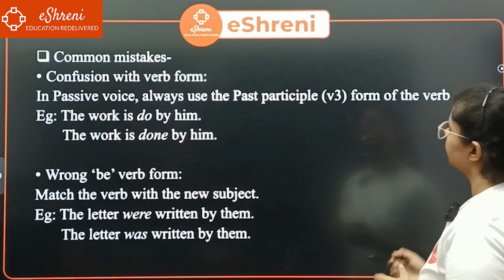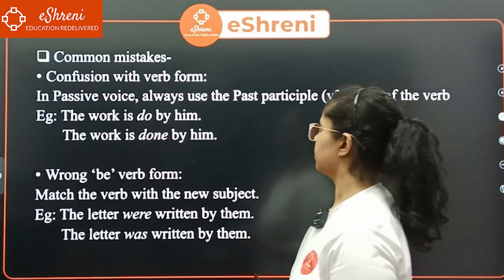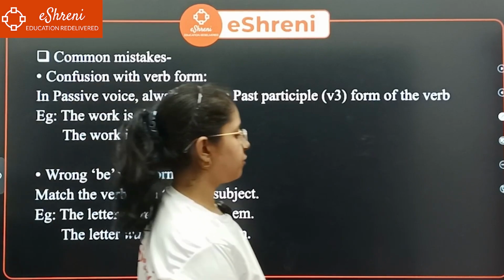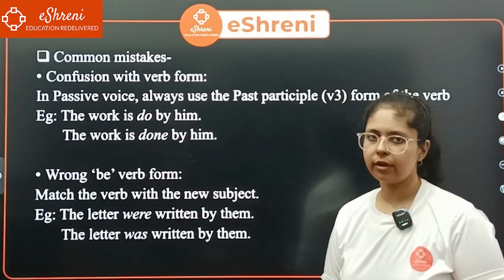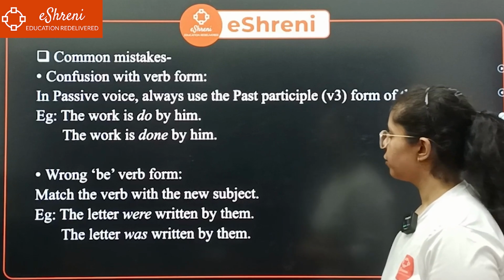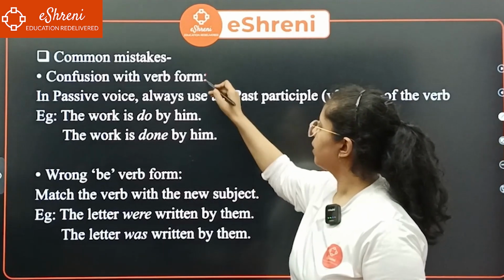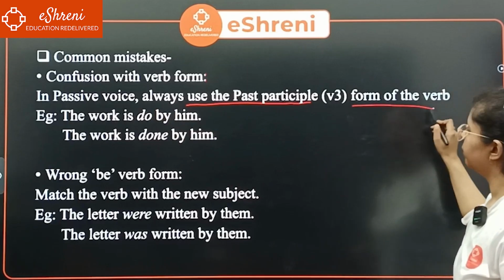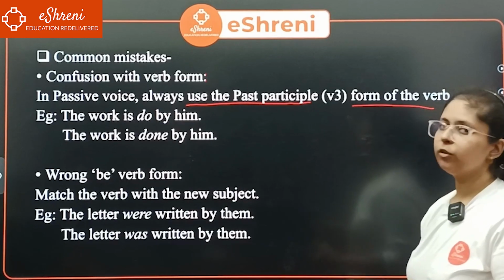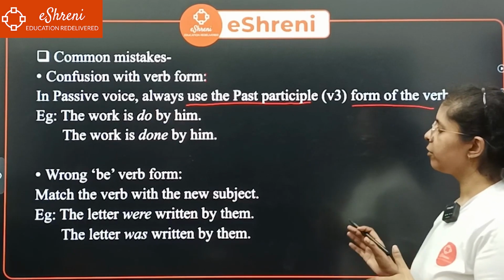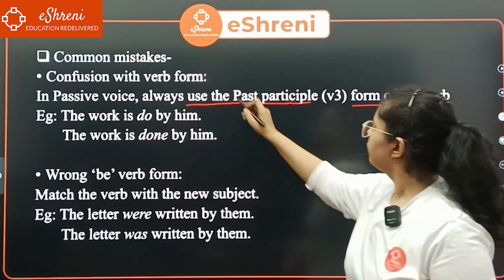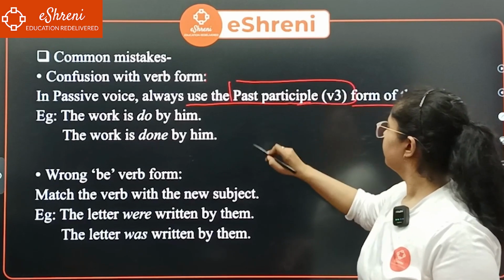Next, some common mistakes. Some common mistakes happen in voice questions, so how to avoid them. First is confusion with the verb form in passive voice: always use the past participle form of the verb. As I have already said, when you are changing the voice from active to passive voice, always use the V3 form of the verb, not another form, not past, not present, always the V3 form.